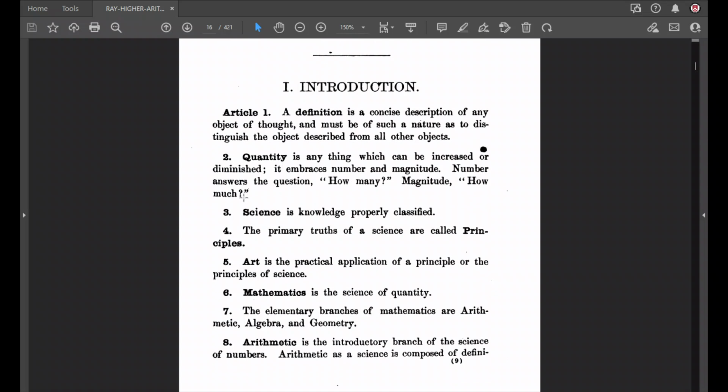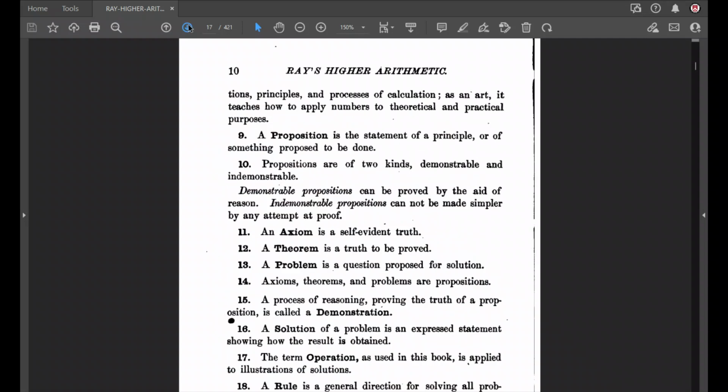Arithmetic as a science is composed of definitions, principles, and processes of calculation. As a science, arithmetic is composed of definitions, principles, and processes of calculation. As an art, it teaches us how to apply numbers to theoretical and practical purposes.